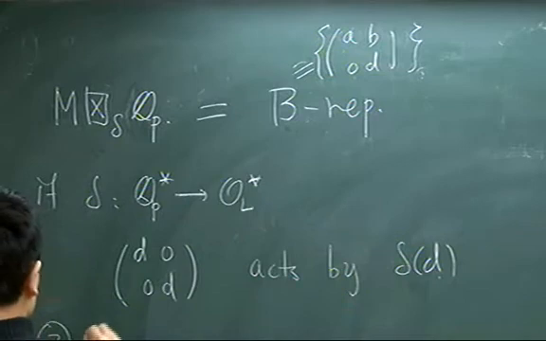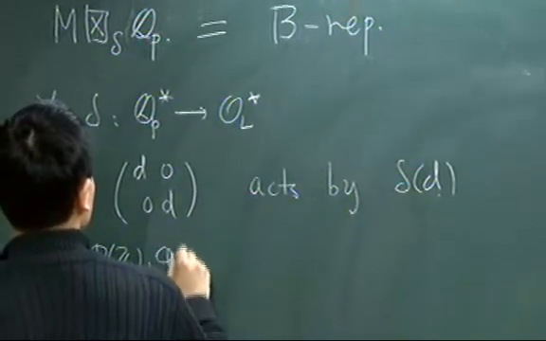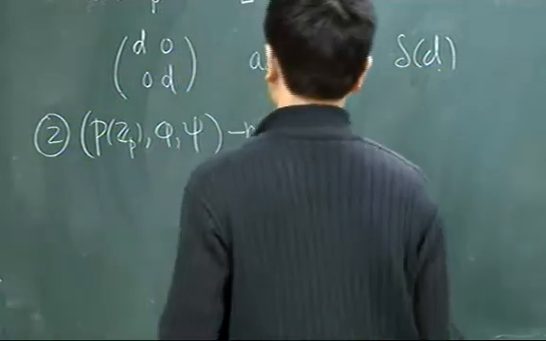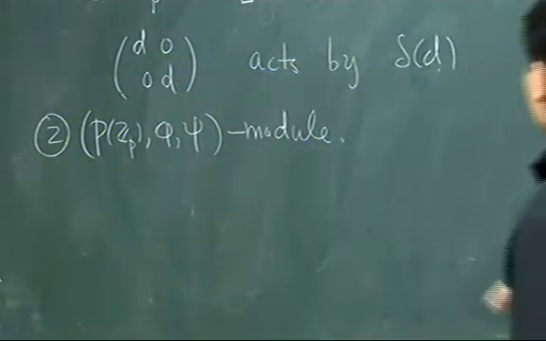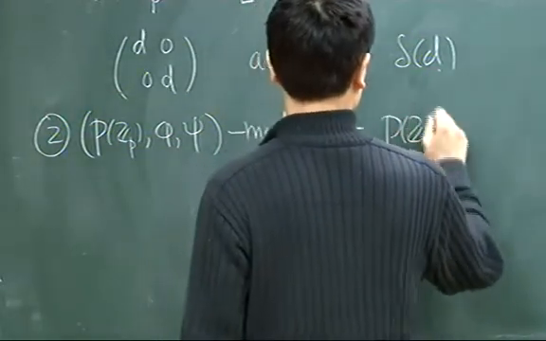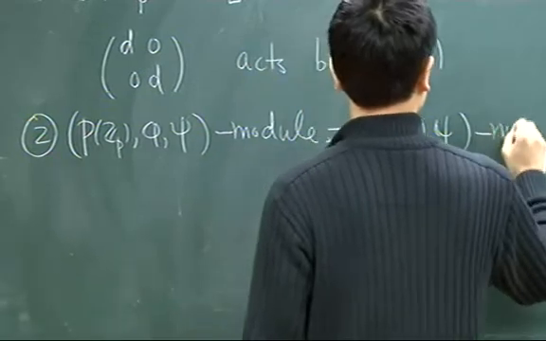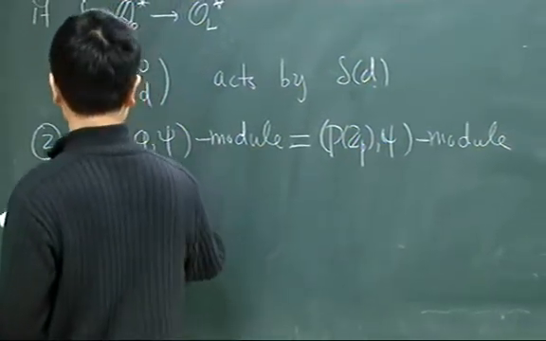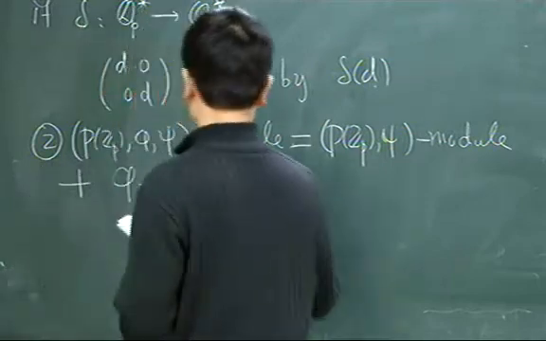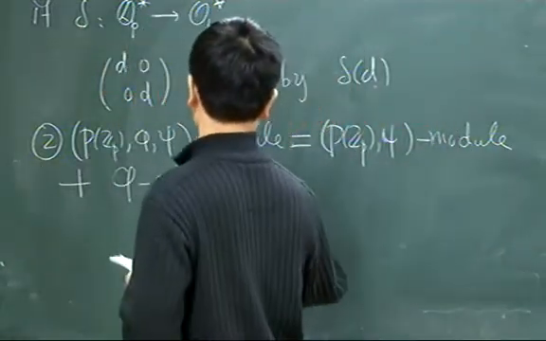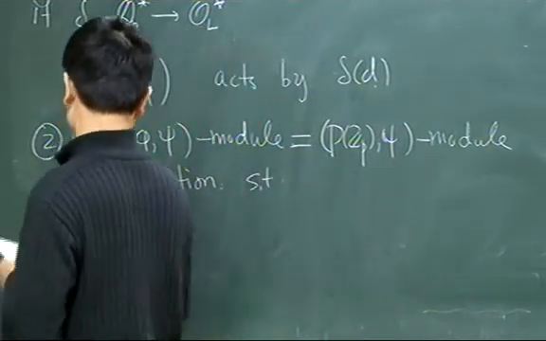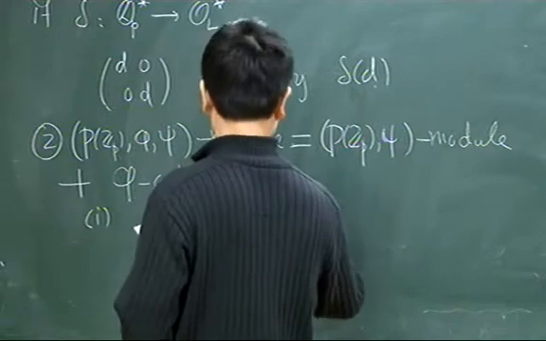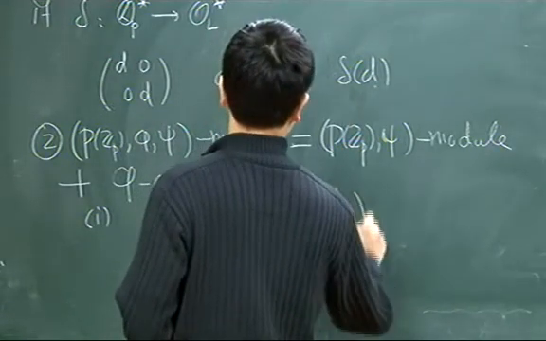Now the second one is what we call a P-Z_p phi-psi module. A P-Z_p phi-psi module is a P-Z_p psi module plus some other thing: a phi action, such that some compatibility conditions hold. The first is phi of (0 b) is (1 p; b 0 1) phi.